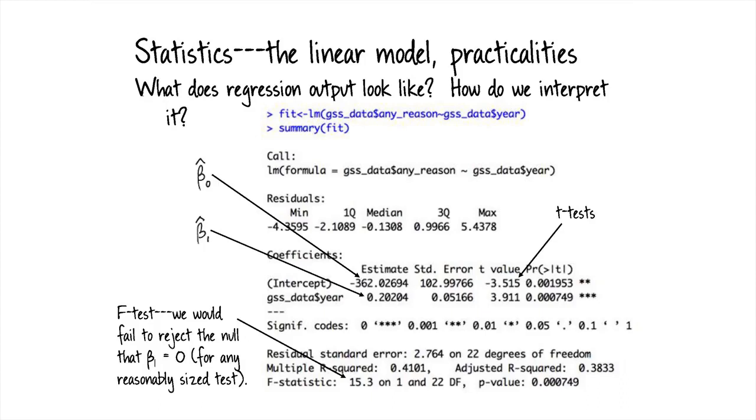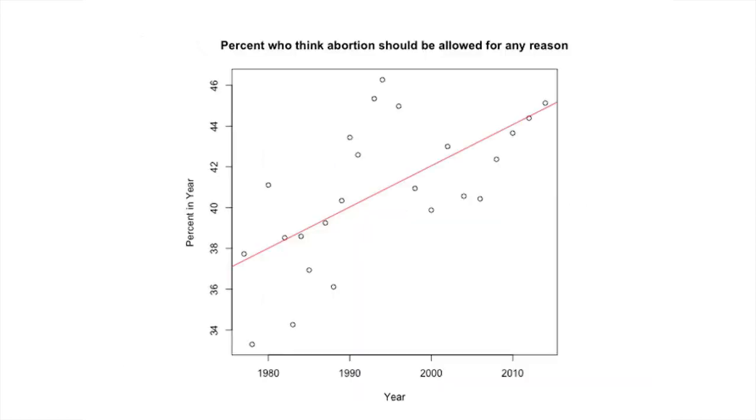If you're wondering what a 0.41 r squared might look like in a scatter plot, this is a scatter plot of the variables and the fitted regression line through them. And if you're curious about the particular variables, these are variables from the General Social Survey about attitudes on abortion and how they have been evolving over the past couple of decades in the US.